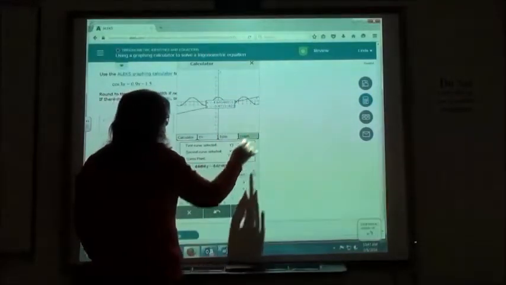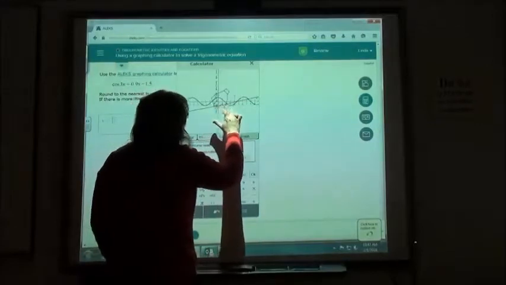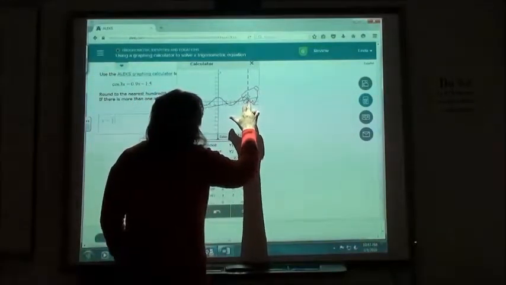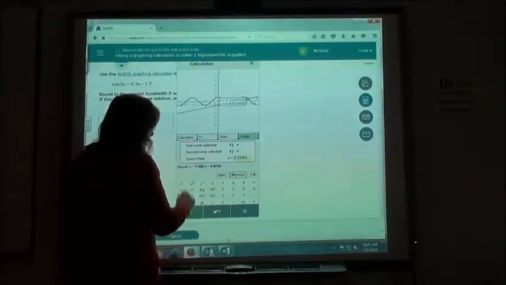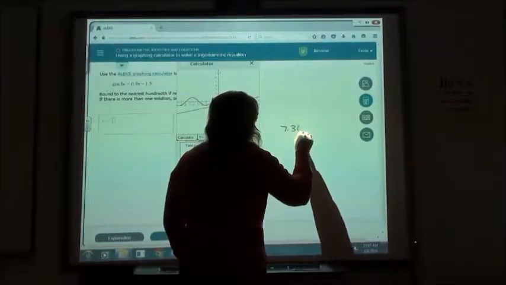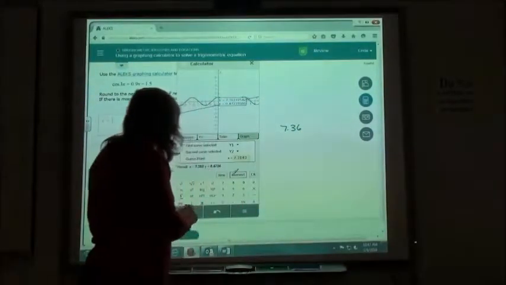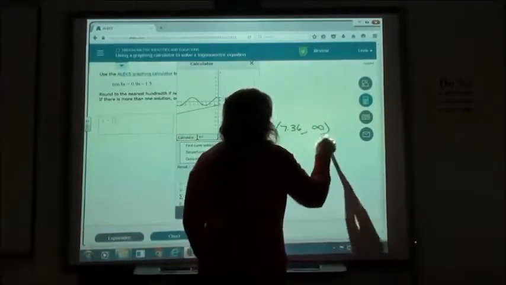And then our second one here, if I go back to intersect and find my third intersection way down here on the end, intersect, 7.362. So 7.36, and that's going to go to positive infinity.